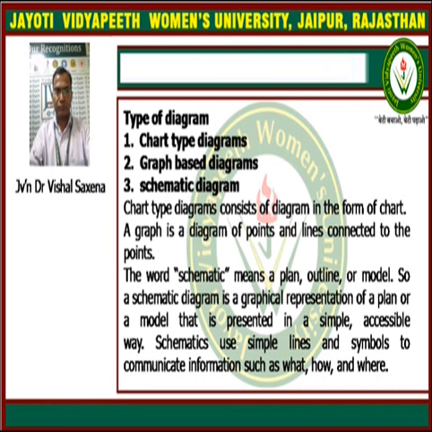Schematics use simple lines and symbols to communicate information such as what, how and where. Schematic diagrams use different symbols and different lines joined by points, and these give information in a question form like what, how and where.